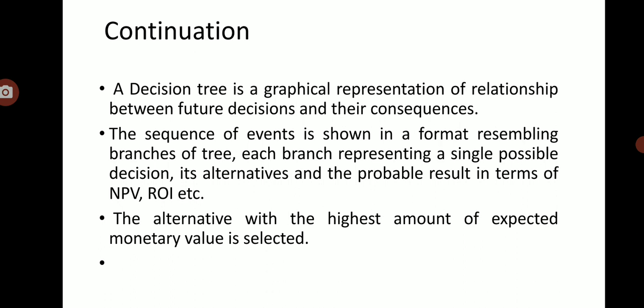A decision tree, as I told, is a graphical representation of the relationship between future decisions and their consequences. The sequence of events is shown in a format resembling the branches of a tree, and each branch represents a single possible decision, its alternatives and the probable result in terms of net present value or return on investment, etc. The alternative with the highest expected monetary value is selected.